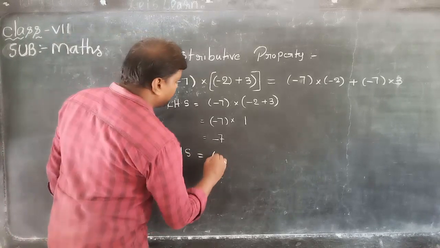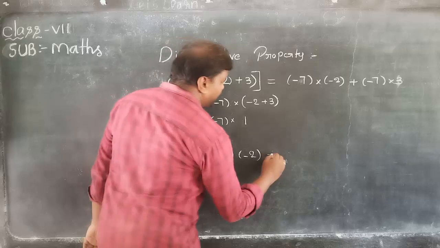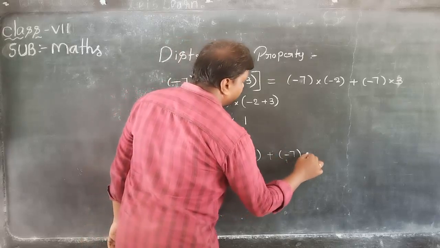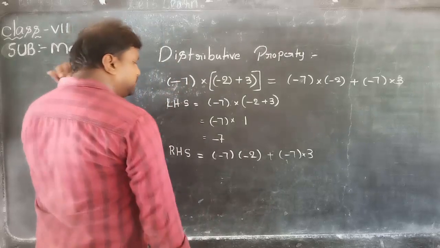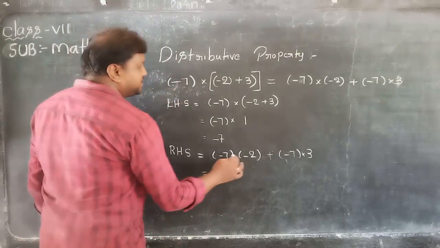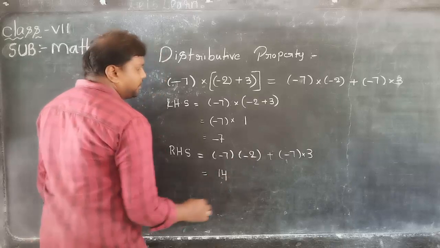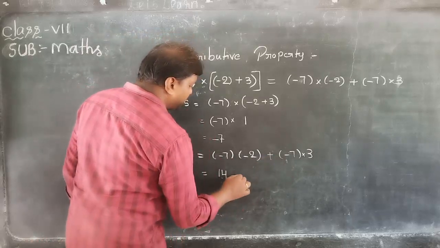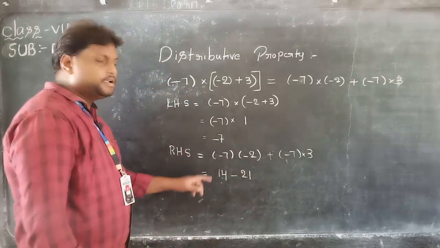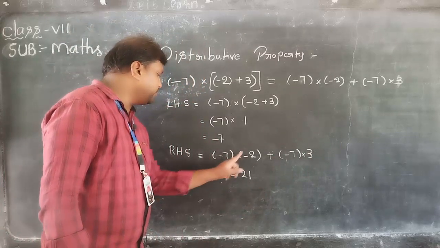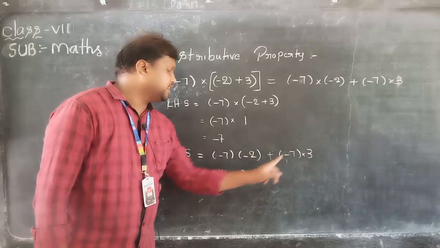Now RHS. RHS is minus 7 into minus 2 plus minus 7 into 3. Here minus into minus is plus, 7 twos are 14. Plus into minus is minus, 7 threes are 21.